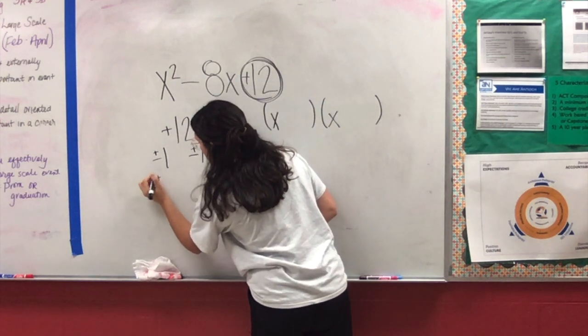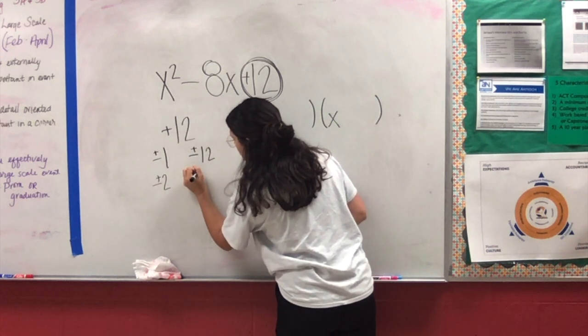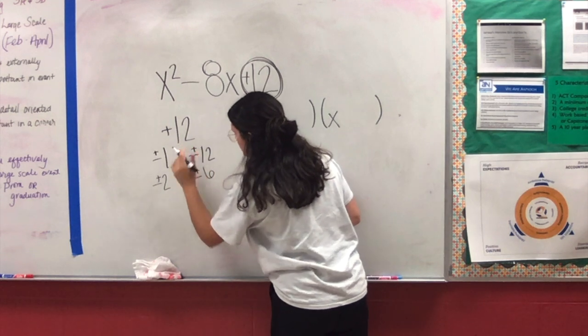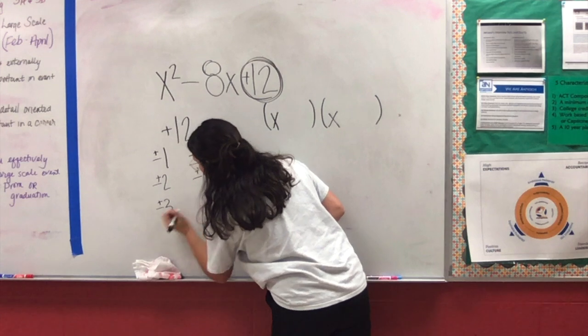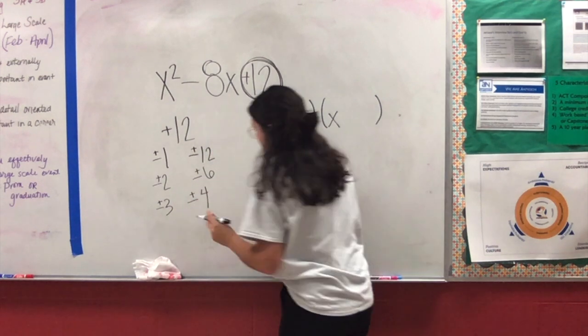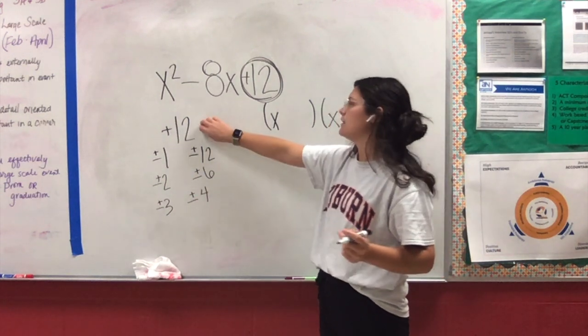We know positive and negative 2 and positive and negative 6 equals positive 12. And then positive and negative 3, positive and negative 4.